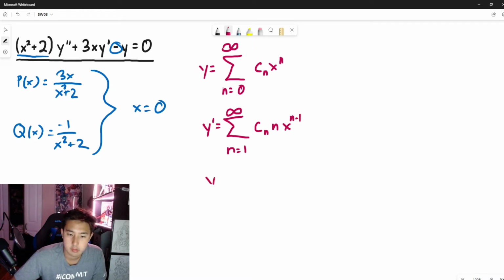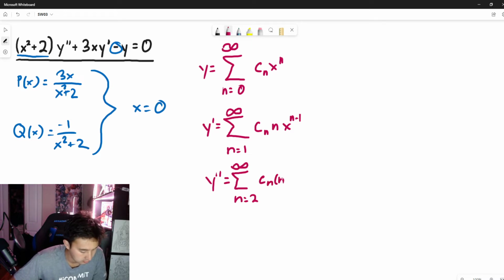Then for the second derivative, since this is a second-order equation, we also have to solve for y double prime: the sum from n equals 2 to infinity of c n times n minus 1 times n, x to the power of n minus 2.